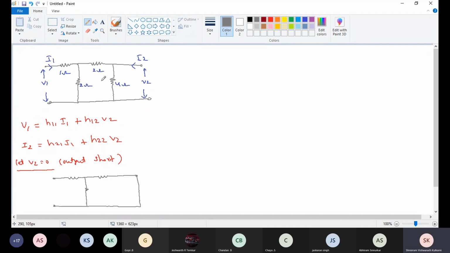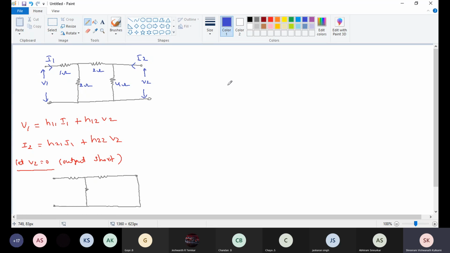It means the voltage across this 4 is 0, so I am going to remove this. If this voltage is 0, across this there is no voltage. The current will choose this path. The same problem we have seen while solving the Z parameters.